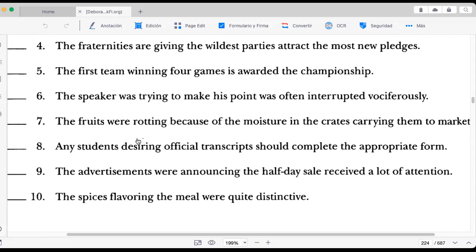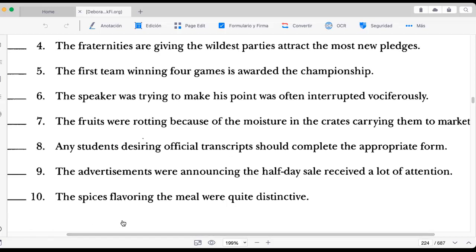Number 6. The speaker was trying to make his point. Okay? Was often interrupted vociferously. Tell me. Now, I will not do anything. Now it is your turn, guys. Show me if it is correct or incorrect. Tell me why. Why yes, why not?